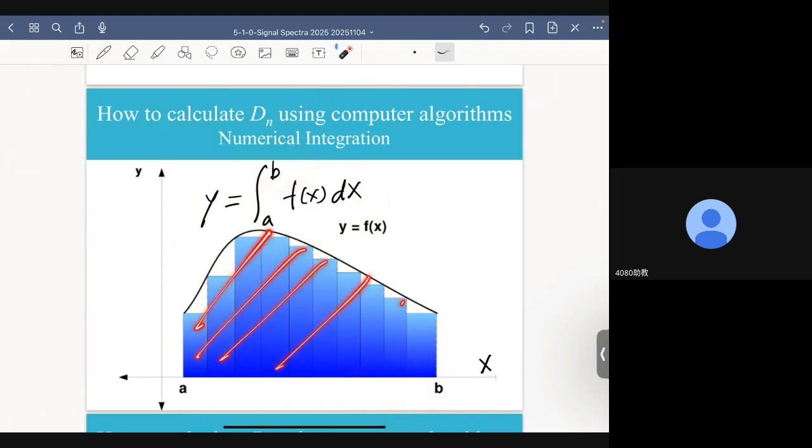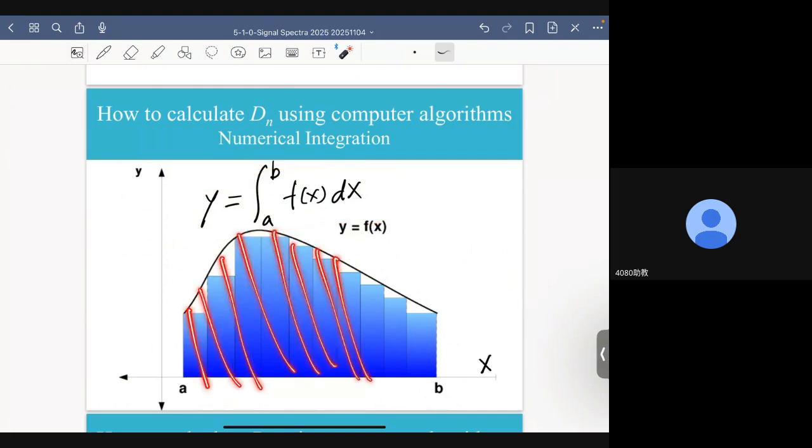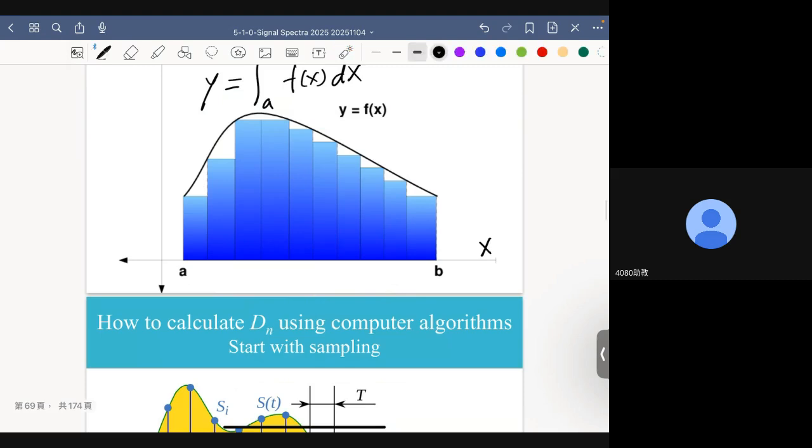So to find the value of this definite integral is actually the same as determining the size of the area under the curve of this function. All right. So how do I determine this area under the curve? One simple and direct strategy is, the first thing, that I determine a sampling period.